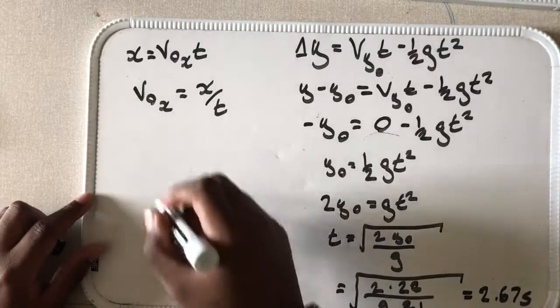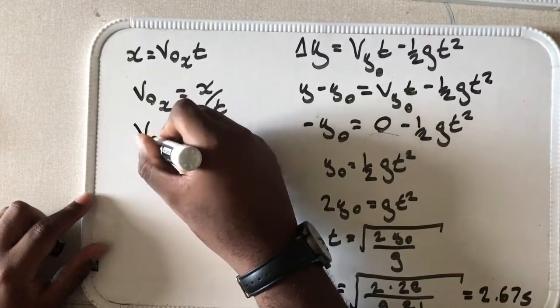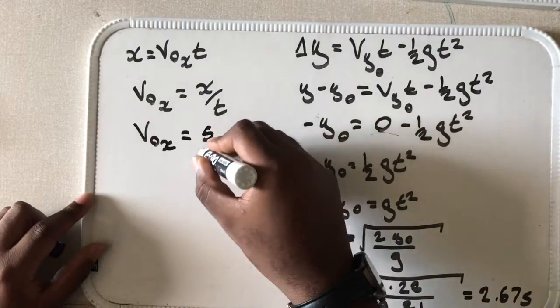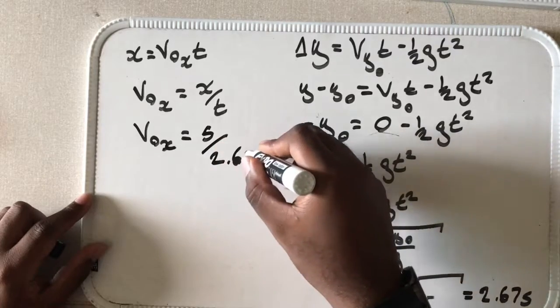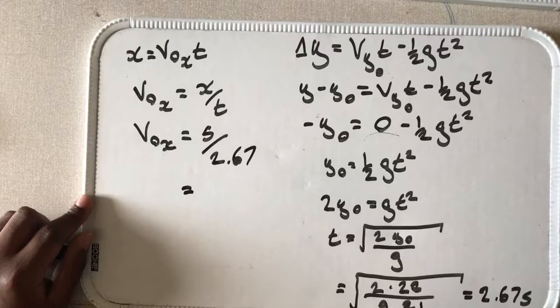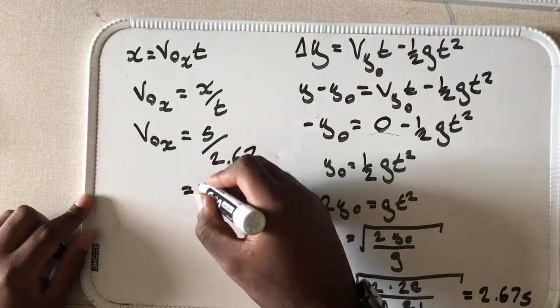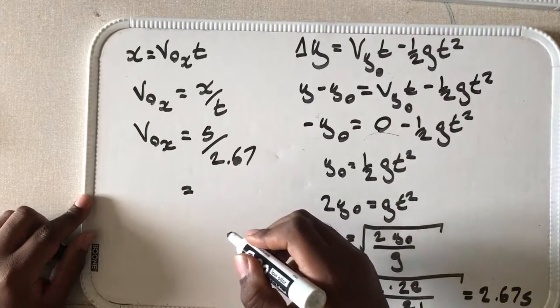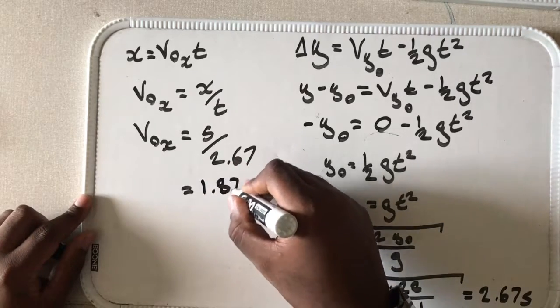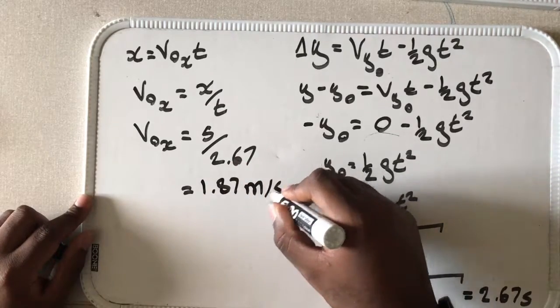So moving over here, my distance is 5 meters divided by 2.67 seconds, and this is going to give me a velocity of 1.87 meters per second.